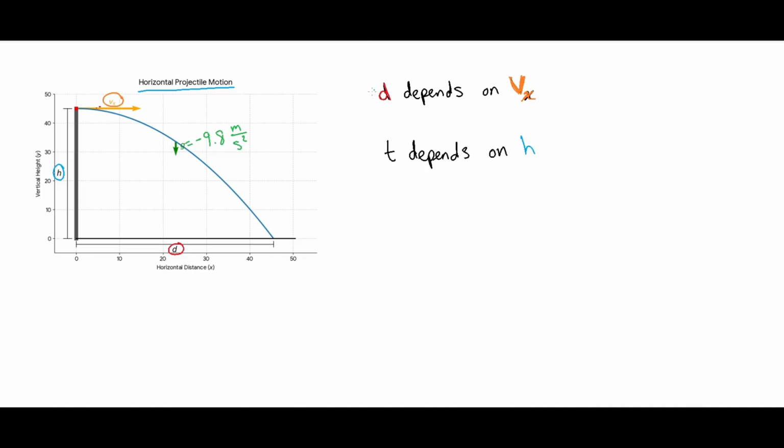And d depends on the horizontal velocity. We use the formula d is equal to the horizontal velocity times the time.